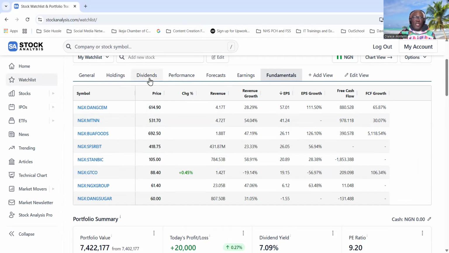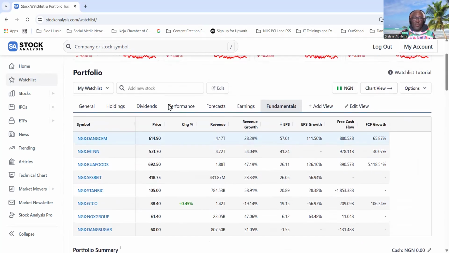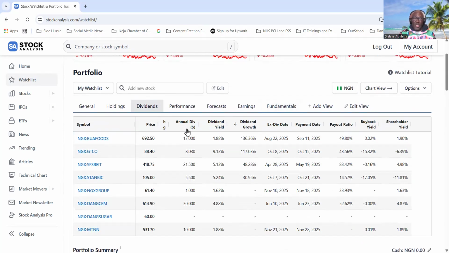Okay, let's have a quick look at other things. So we look at the dividend. This is the dividend that was paid. This is the dividend yield. This is the dividend growth. This is the ex-dividend date. And this is the payment date.